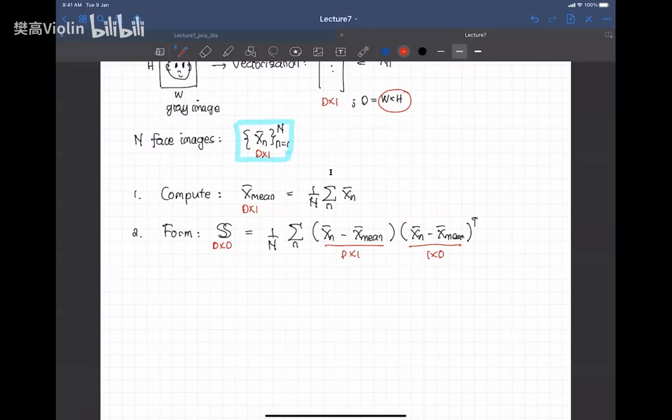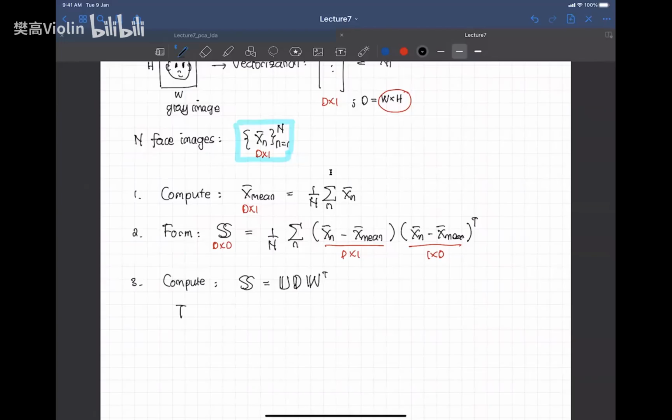Again, this S is huge. If your image resolution is 100 by 200, then this D will be 20K, so your S here is a 20K by 20K matrix. All right, so then step number 3, compute the SVD, U D W transpose.